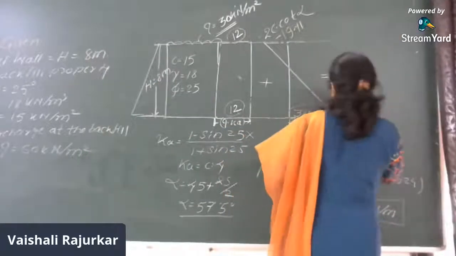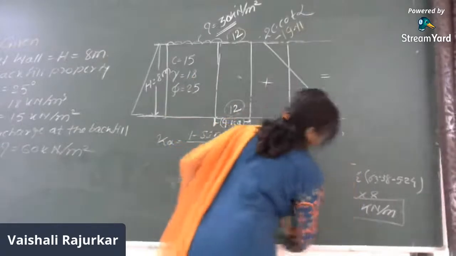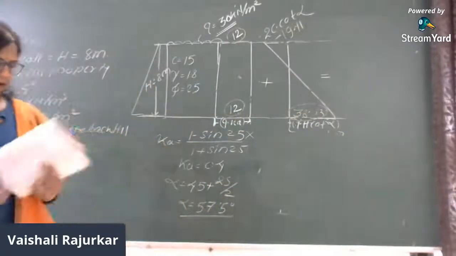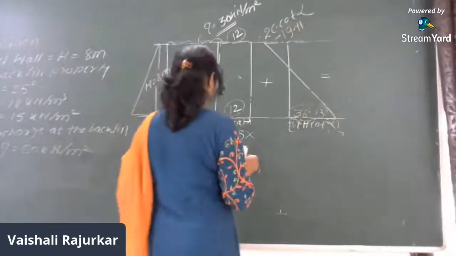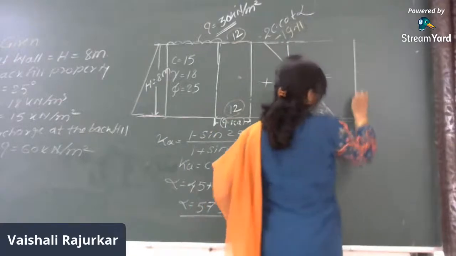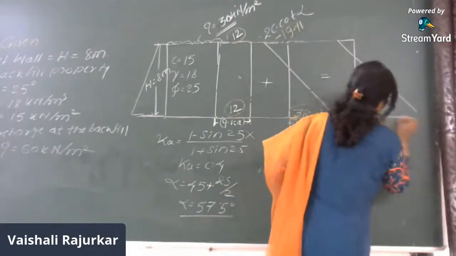So here, this is again the negative one, and in this case the total distribution diagram is again a negative-positive distribution diagram.